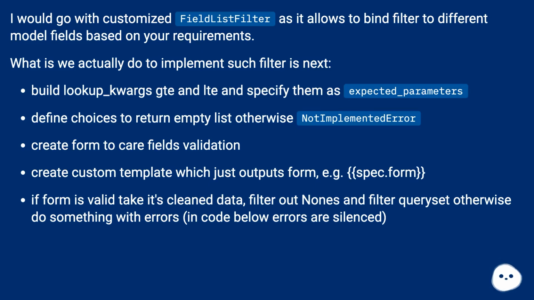Create a custom template which just outputs the form, for example, spec.form. If the form is valid, take its cleaned data. Filter out nones and filter the queryset, otherwise do something with the errors. In the code below, errors are silenced.